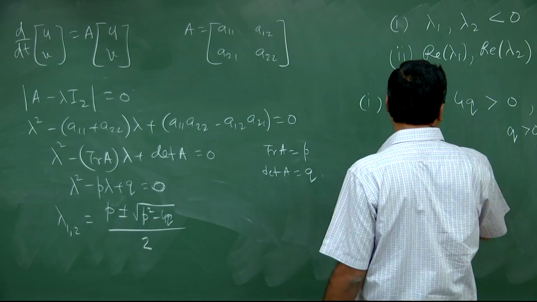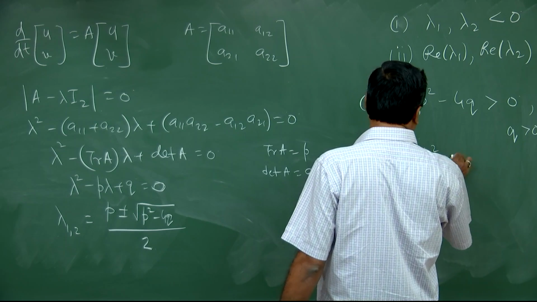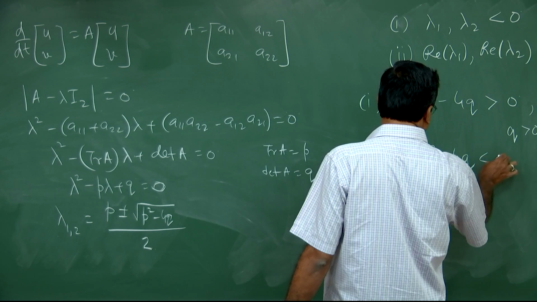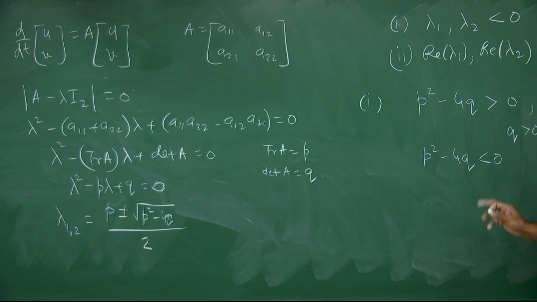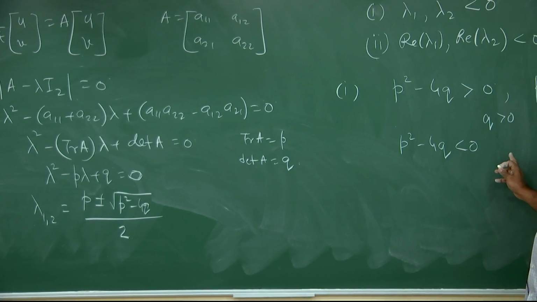Similarly, you have one more possibility, that is, P square minus 4Q is less than 0.